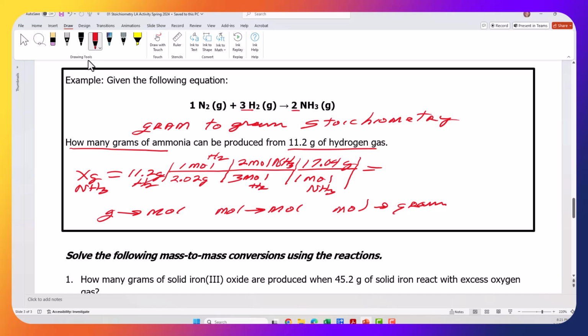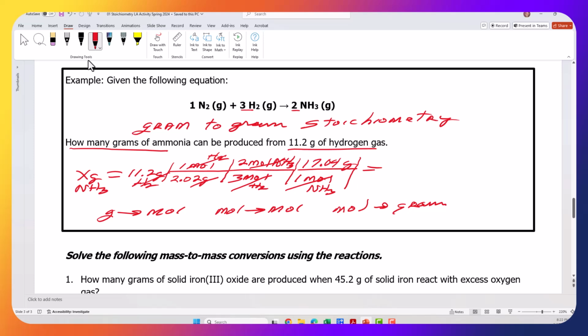So grams of hydrogen cancel. Moles of hydrogen cancel. Moles of ammonia cancel. And we get our answer, which is going to be, let's do it, 11.2 divided by 2.02 times 2 divided by 3 times 17.04.